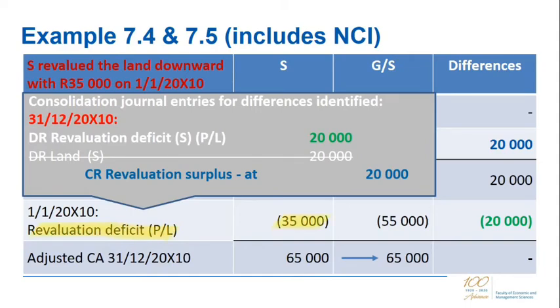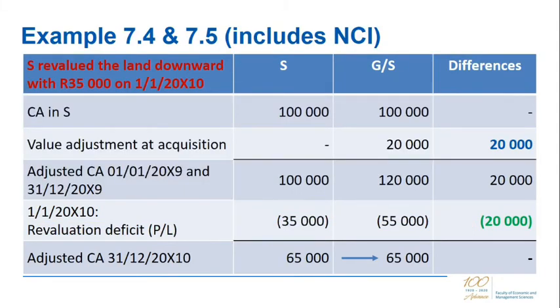It should be 55,000 Rand in the group to make sure that the asset is still correctly valued. That 20,000 Rand debit is therefore recognized as a revaluation deficit through profit and loss adjustment debit entry. This gives effect to that 20,000 Rand difference identified.